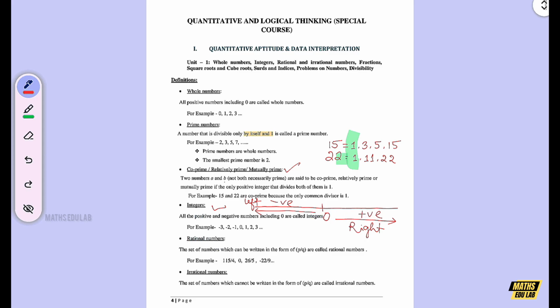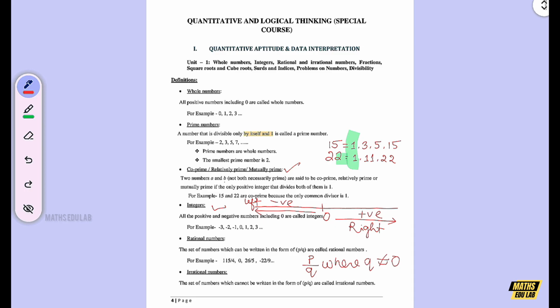Now rational numbers. Generally, rational numbers are in the form of p by q, and remember that always the rational number will be in the form of p by q, where q is not equal to 0.